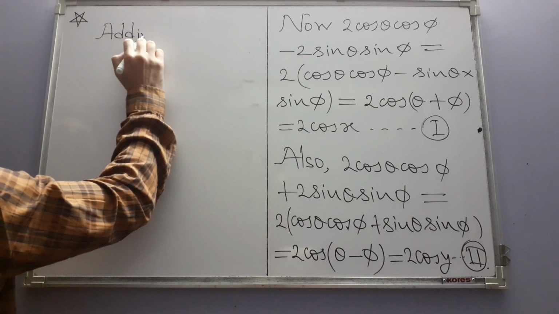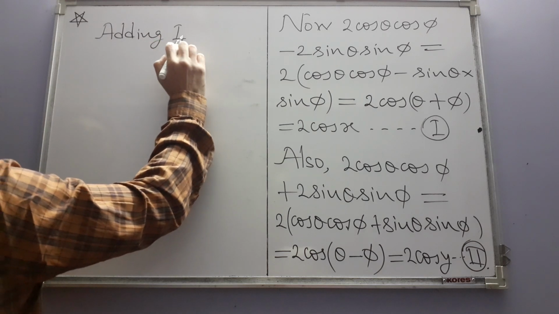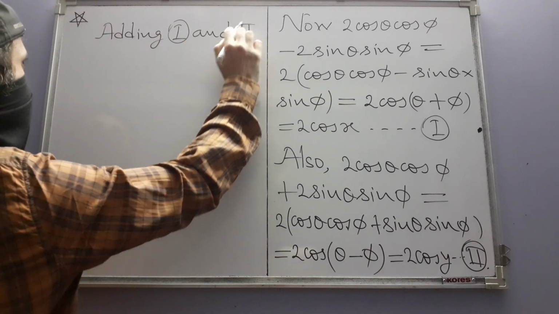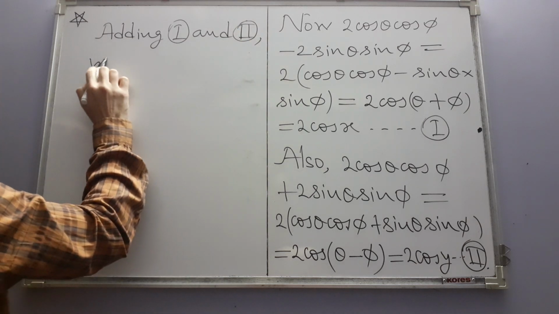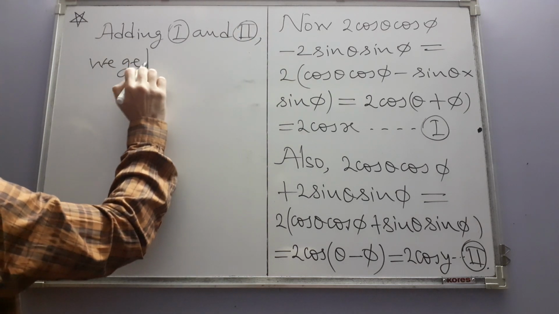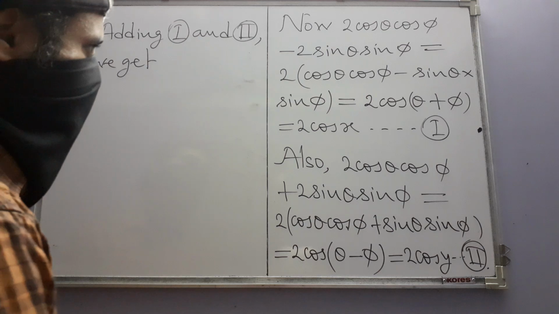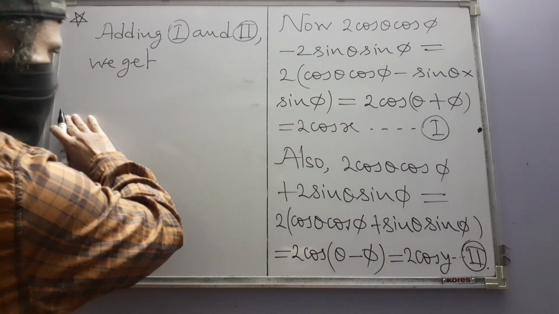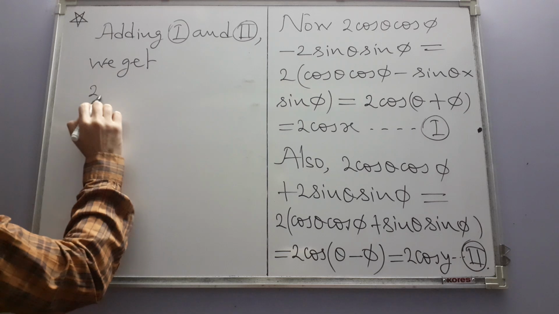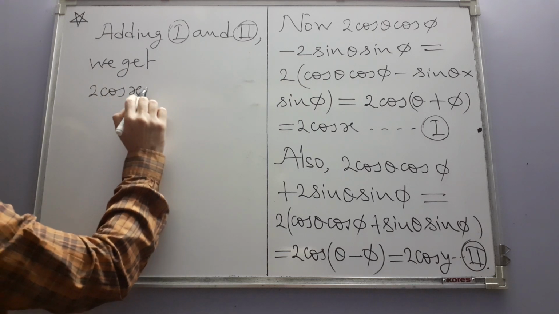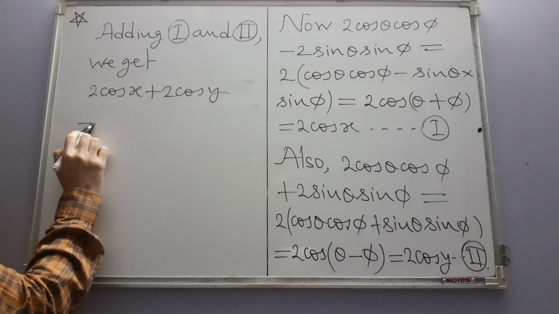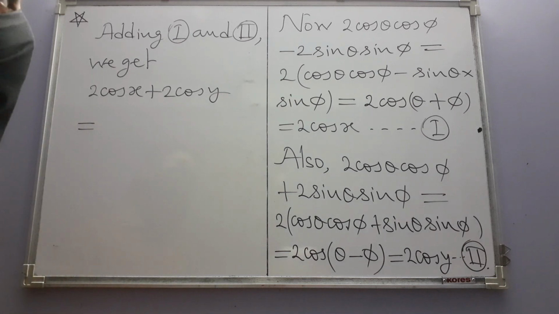Adding 1 and 2, we get, and we are also going to write things a little differently. We will write cos x plus cos y on this side. So 2 cos x plus 2 cos y is going to give us what?